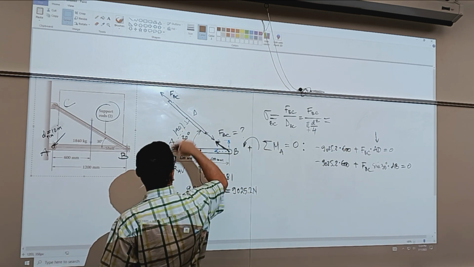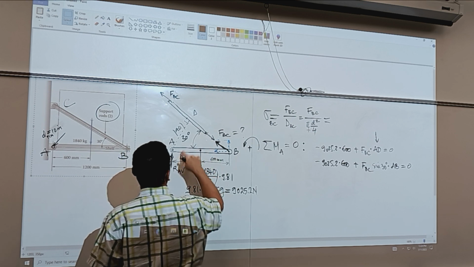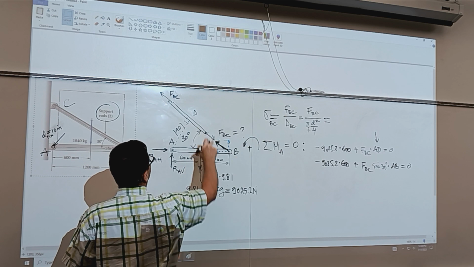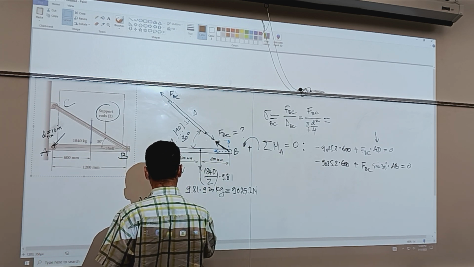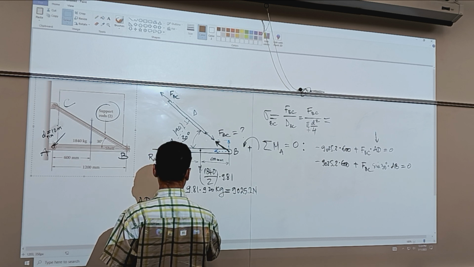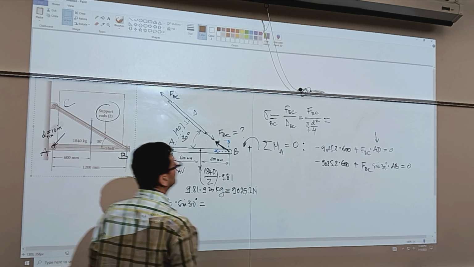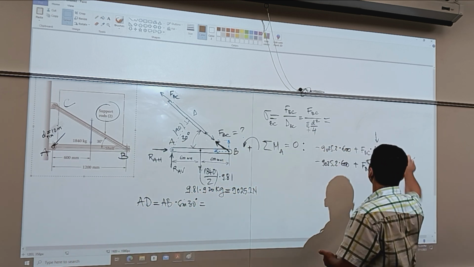We can calculate AD from geometry. We have a right angle triangle where we know an angle. So AD is going to be what? AD is going to be AB times sine of 30 degrees. Okay, and we can solve the problem this way.